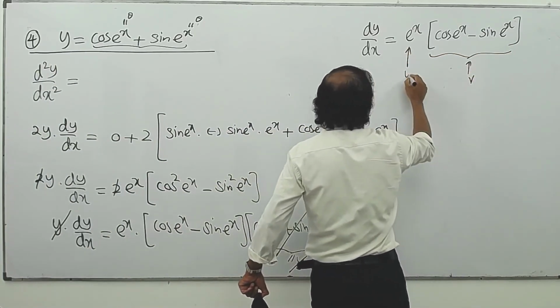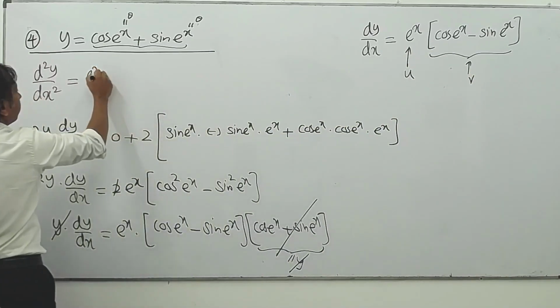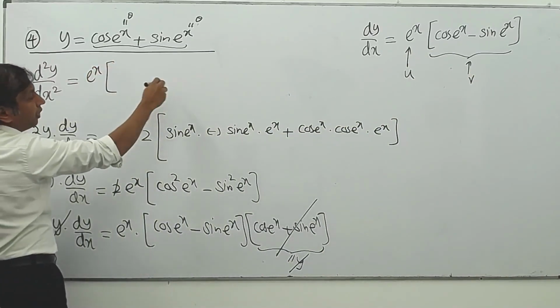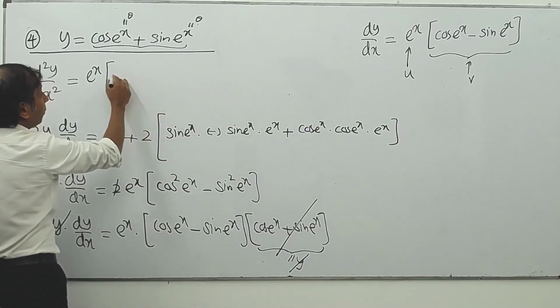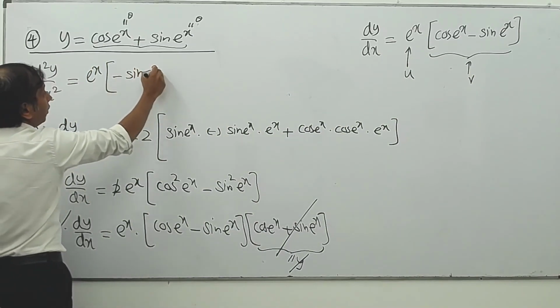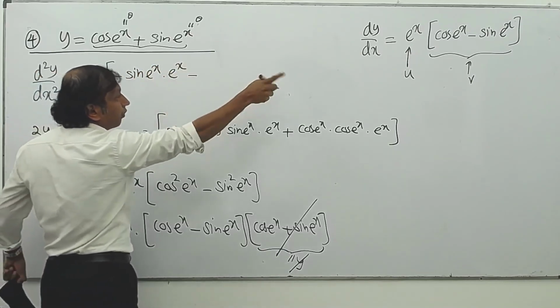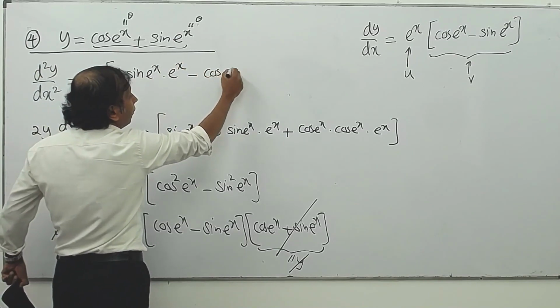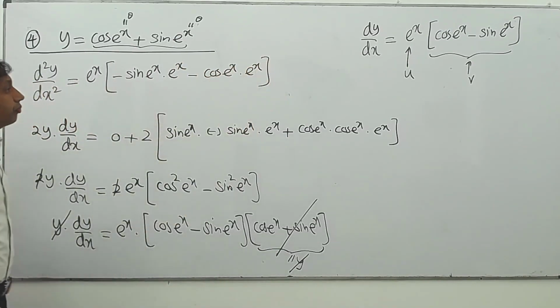U into v product again. Keep x the same, cos x is what? Assume that x as theta, cos theta, derivative minus sin x multiplied by x derivative. Minus sin theta derivative is cos x into x.